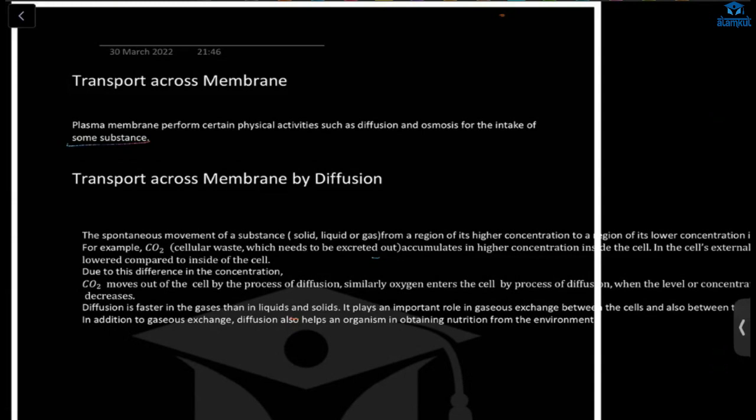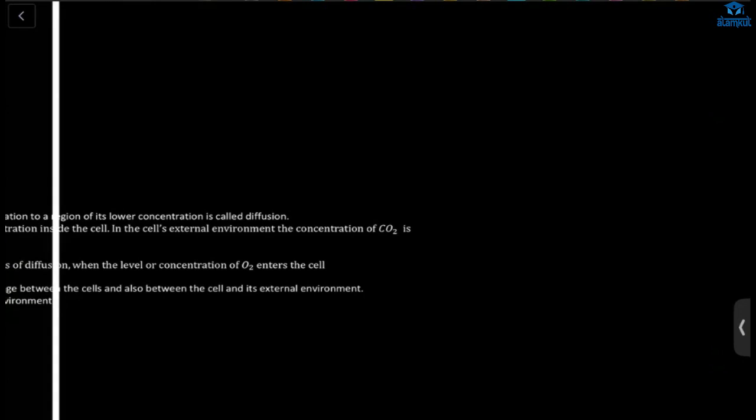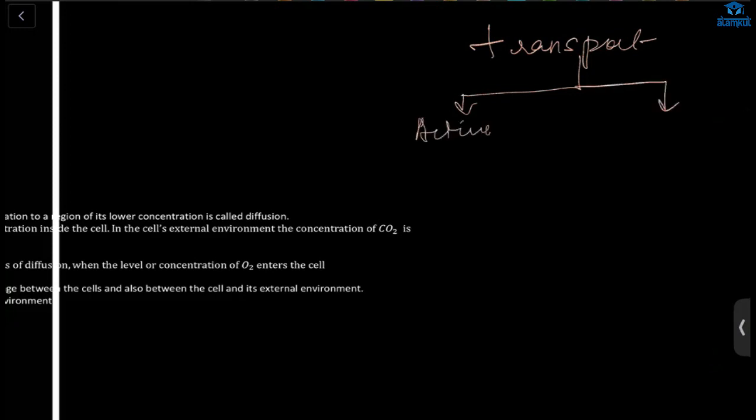The main function of the plasma membrane is transport. It performs this by diffusion and osmosis. There are two kinds of transport, active and passive. Active transport is the movement of the solvent molecules against the concentration gradient using energy.